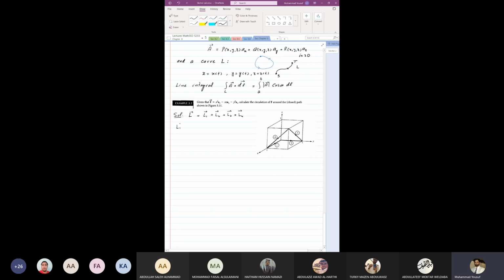Now what is L1? How do we define L1? In L1, Y is 0 and Z is also 0. So what is changing? Only X is changing. So dx ax plus 0 ay plus 0 az.